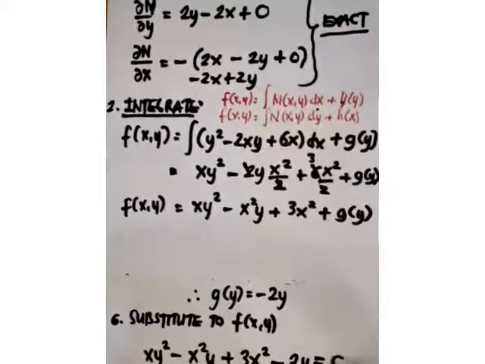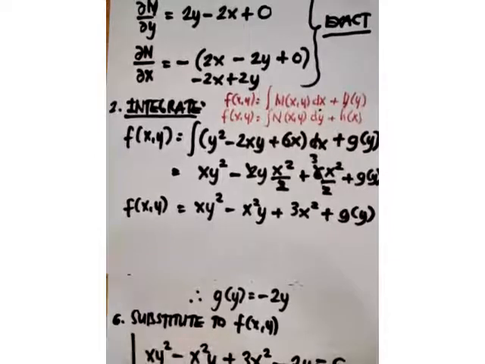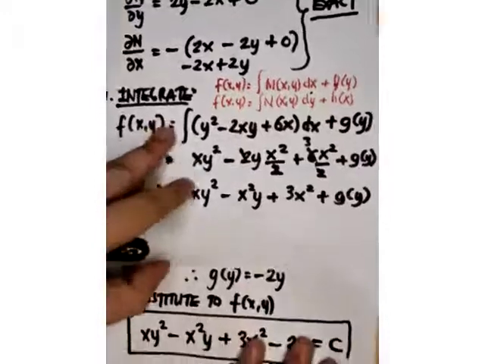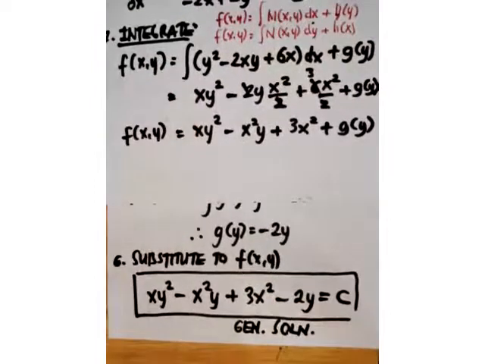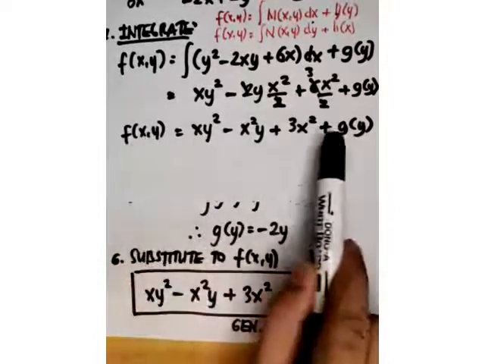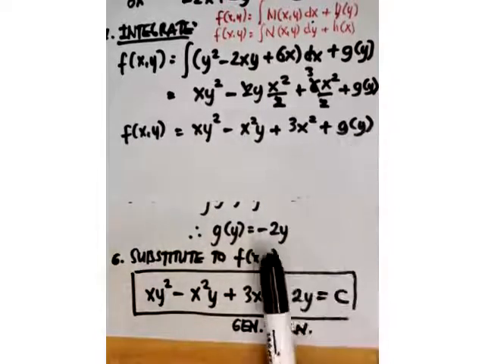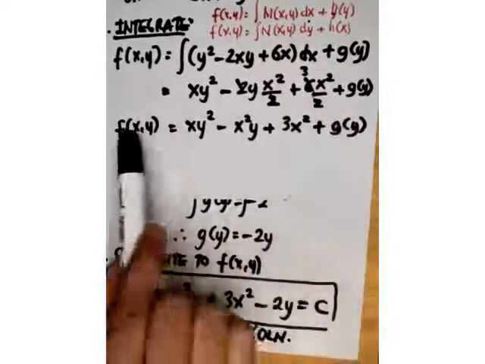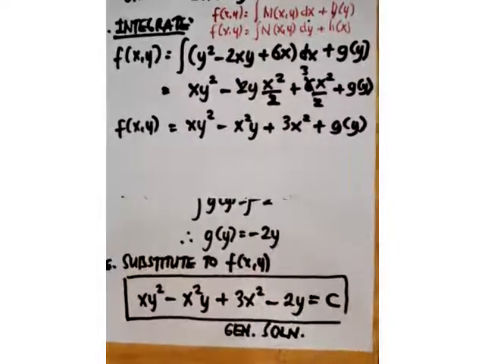At tapos, equate nyo lang sa c. So, this will be our general solution. Hanapin niyo yung f of xy na nakuha natin na may g of y. And then, i-substitute nyo yung nakuha nating g of y dito. And then, equate nyo lang siya sa c. So, yun na yung ating general solution.